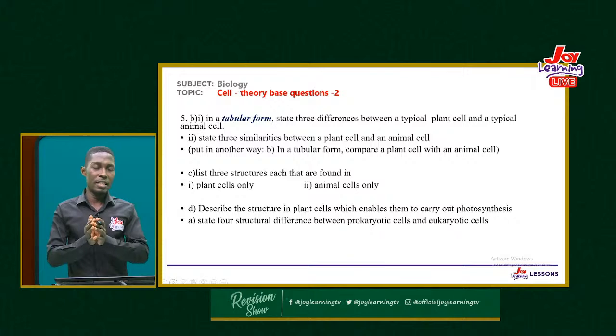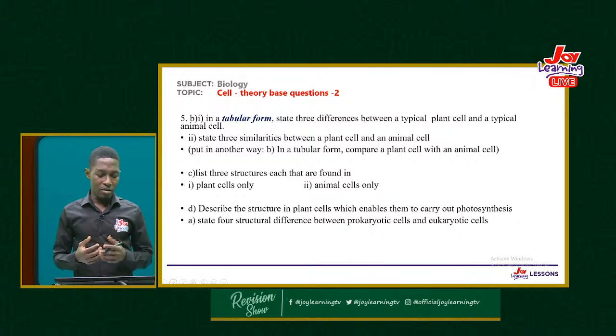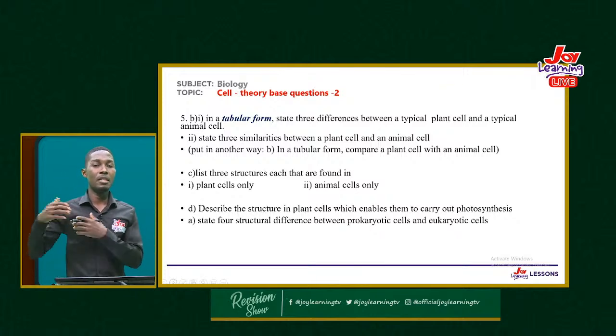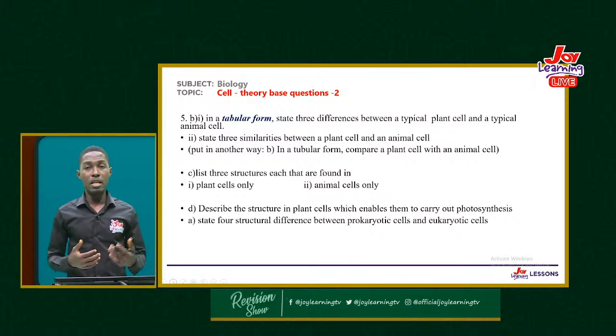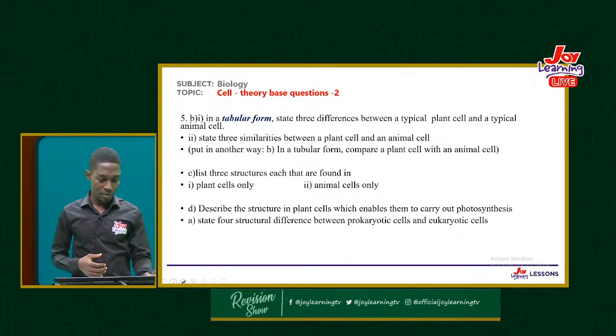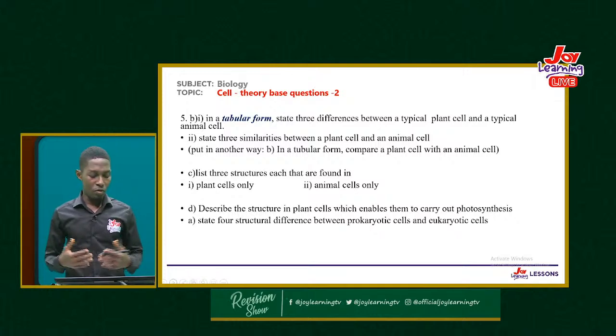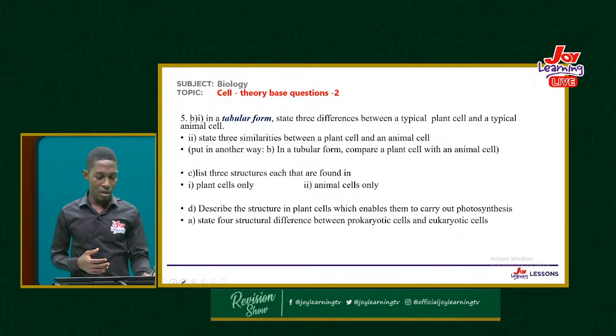Don't only do differences and leave the similarities. You lose marks. Now, state 3 structures that are found in plant cell only and some structures that are found in animal cell only. Then describe the structure in plants which enables them to carry out photosynthesis. Then the last question so far was state 4 structural differences between prokaryotic cell and eukaryotic cell.